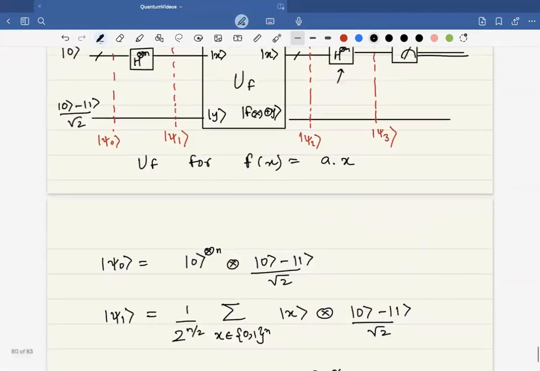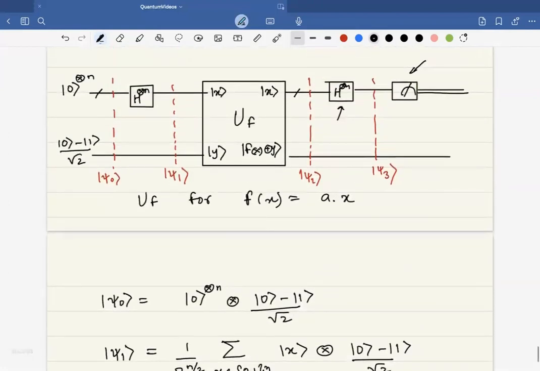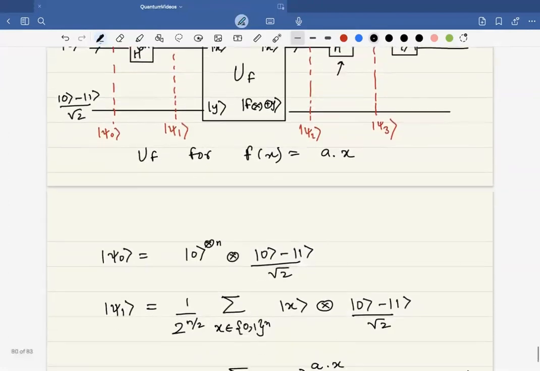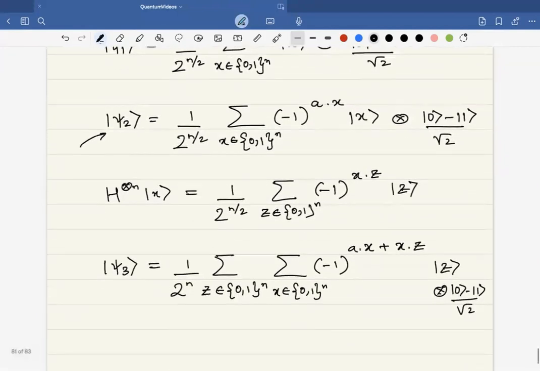And then finally, the last step is to do a measurement on the top n qubits.